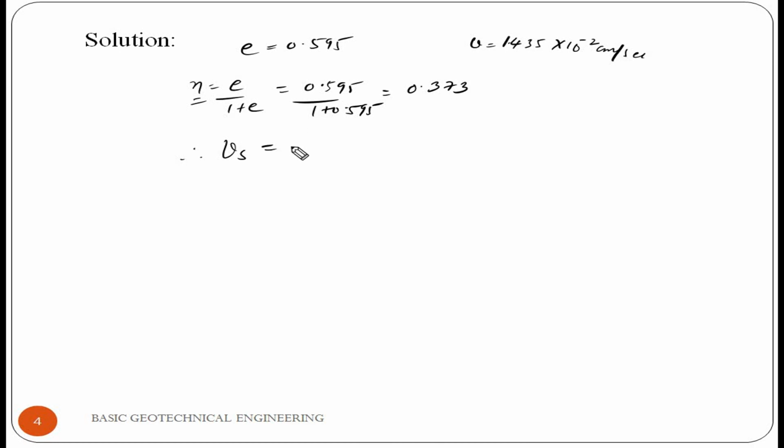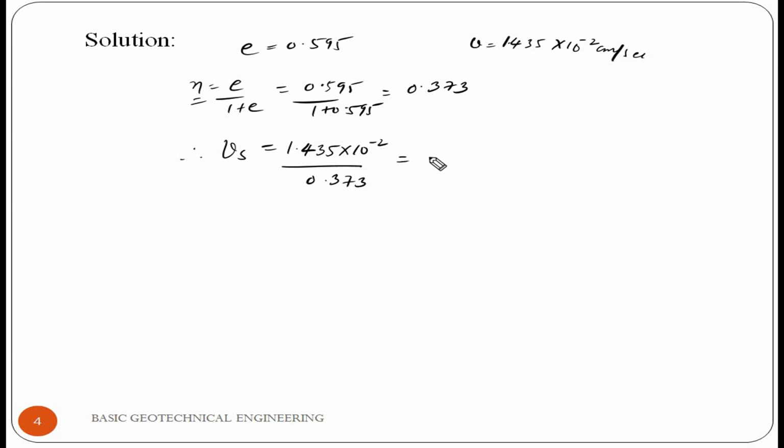So now we can calculate the seepage velocity as 1.435 into 10 to the power of minus 2 divided by 0.373.